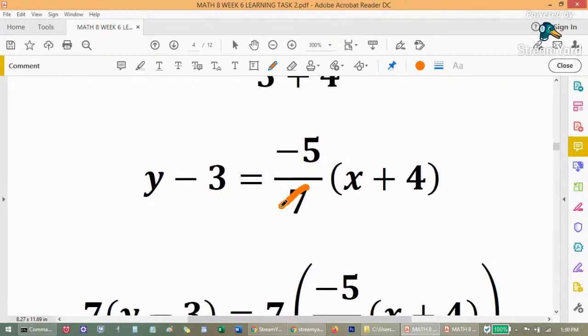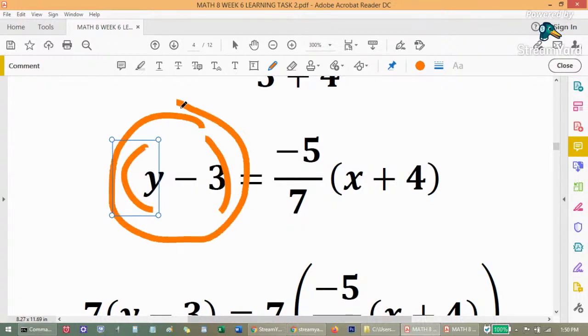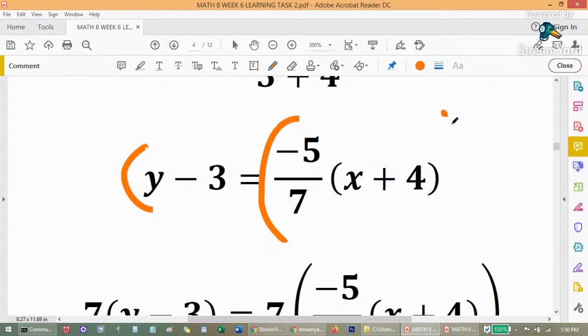Now, gusto nating mawala ito. Okay, so ang gagawin natin, itong 7 na ito ay i-multiply natin lahat. Lahat ng nasa left side at lahat ng nasa right side.